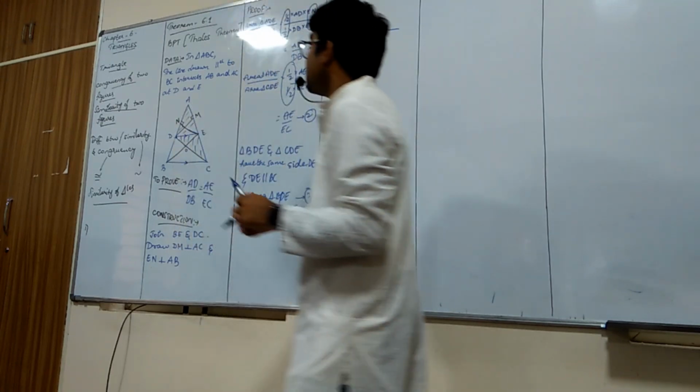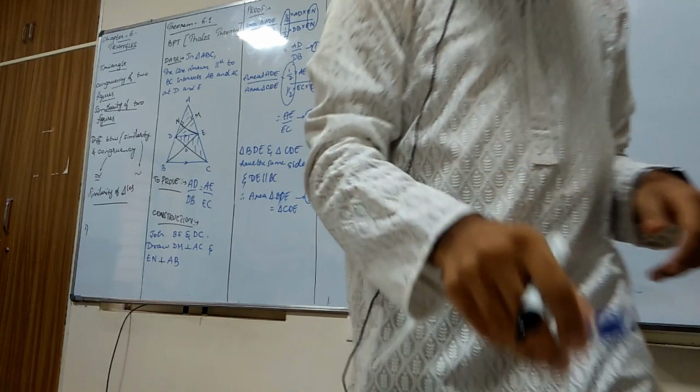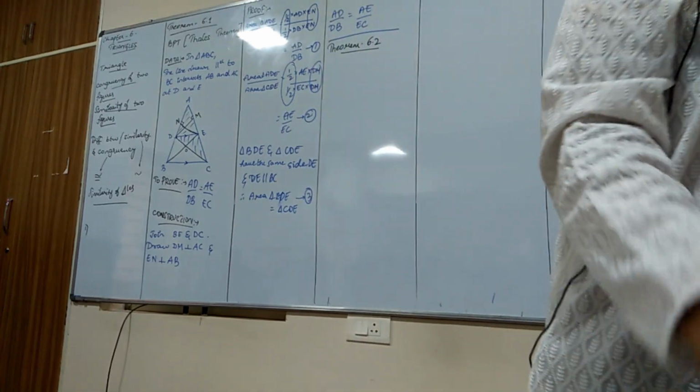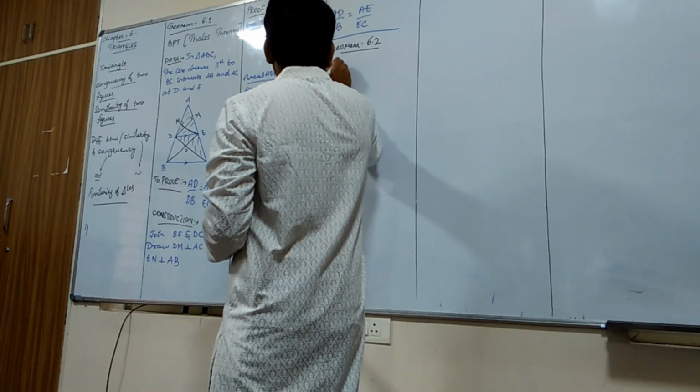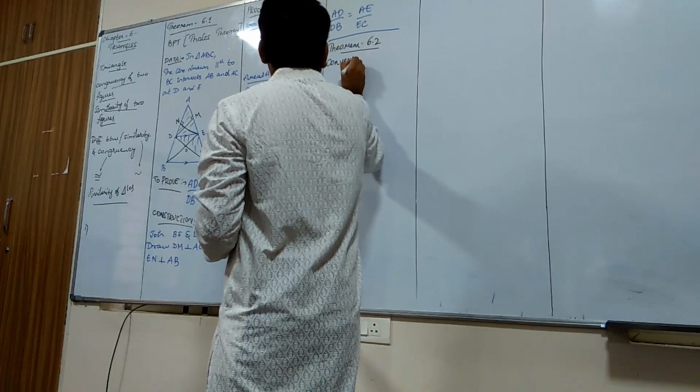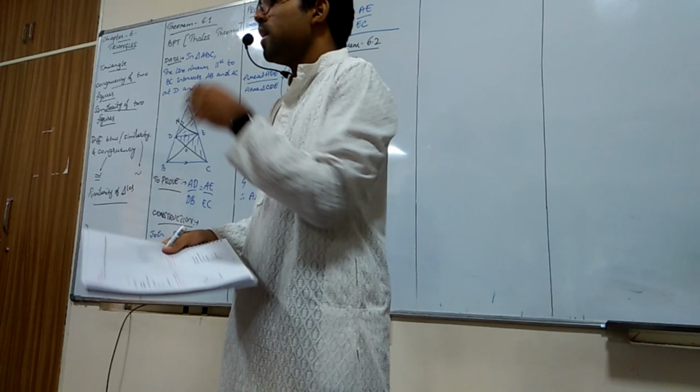Theorem 6.2. Converse of Thales theorem. Triangles suggested both prakara.